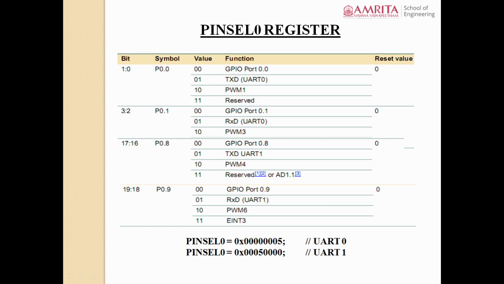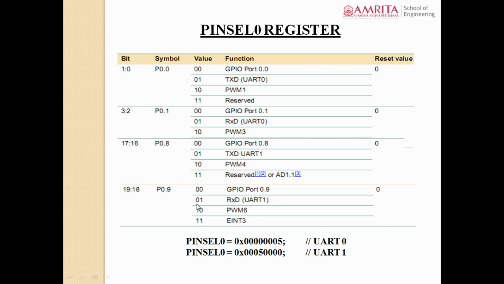Similarly, if you want to configure UART1 pins as TX and RX, you need to configure P0.8 and P0.9. The value remains the same. If you write 0, 1 to bit number 17 and 16, you are configuring P0.8 as transmit pin of UART1.